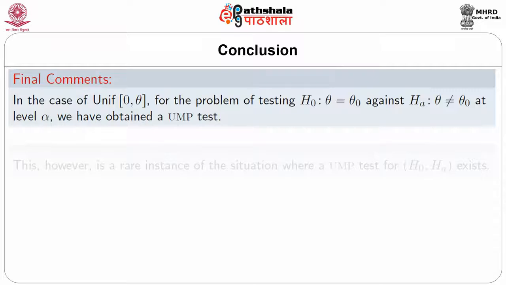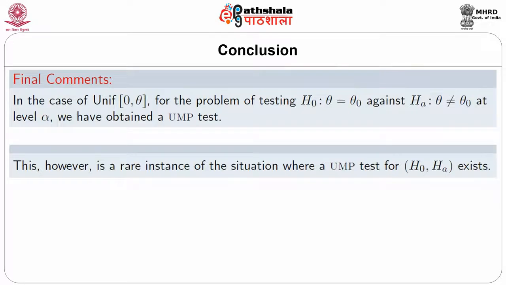Here we have shown that this test psi is uniformly most powerful at level alpha for testing theta equals theta naught against theta less than theta naught. So, combining these two, we get that this psi is uniformly most powerful at level alpha for testing H naught, theta equals theta naught, against theta not equal to theta naught.